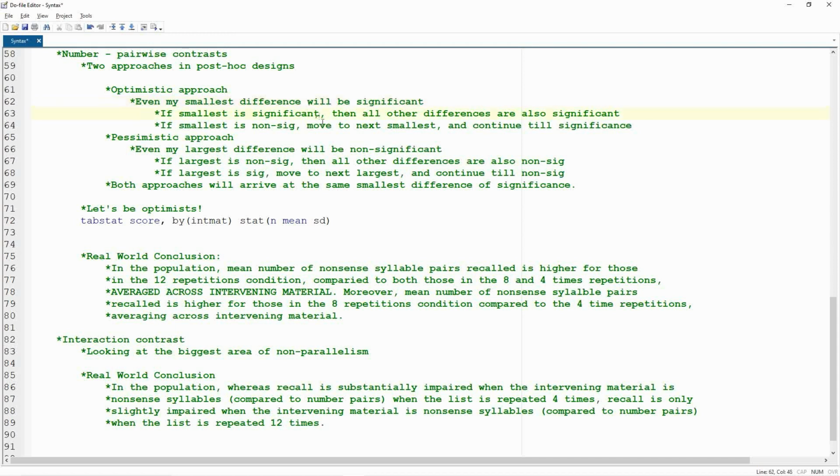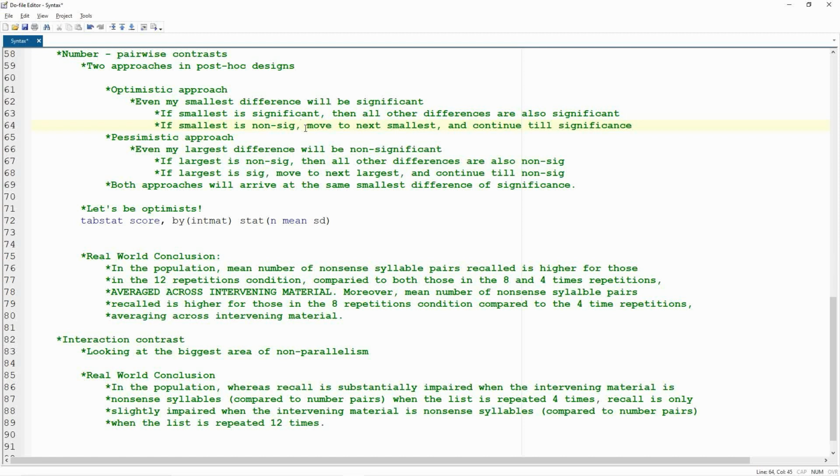So the optimist would actually say, okay, so if the smallest difference is significant, then all other differences are also significant, because every other difference must be larger than my smallest. If my smallest difference is non-significant, then as the optimist, well, maybe my next smallest will be.